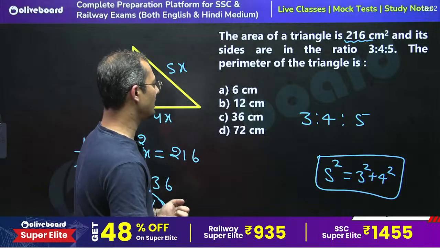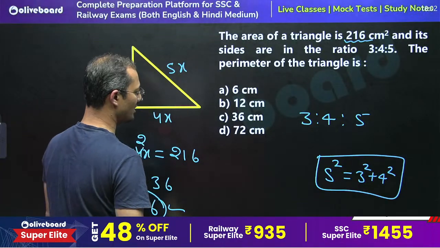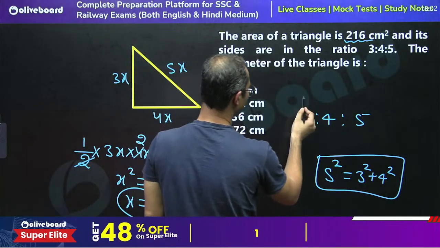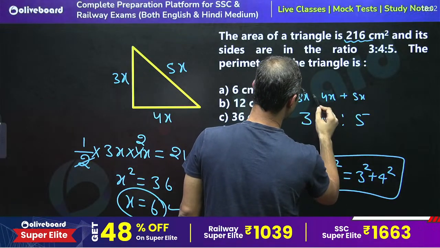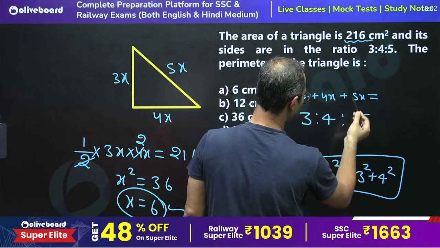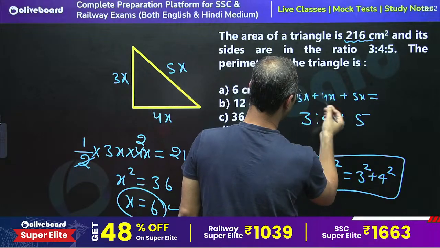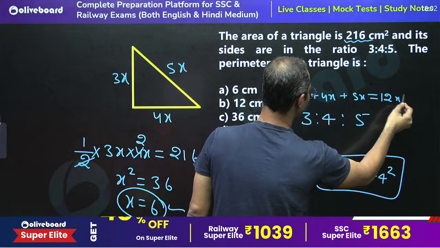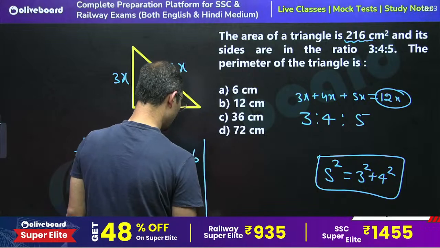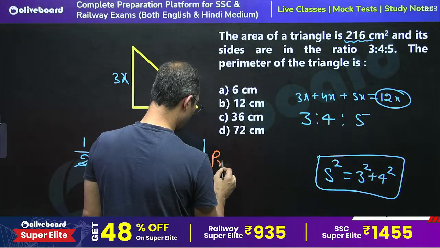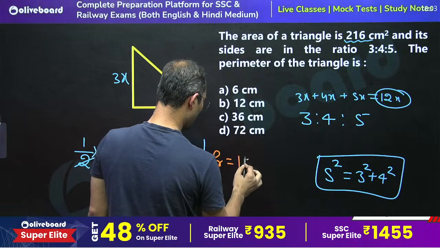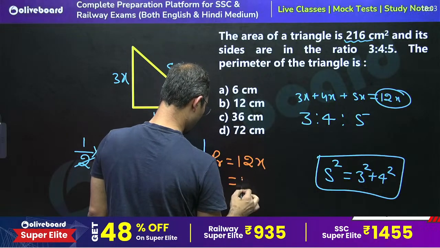The perimeter of the triangle. If the sides are 3x, 4x and 5x, the perimeter is equal to the sum of all sides. So that is 12x. The perimeter is 12x, so it is 12 into 6.